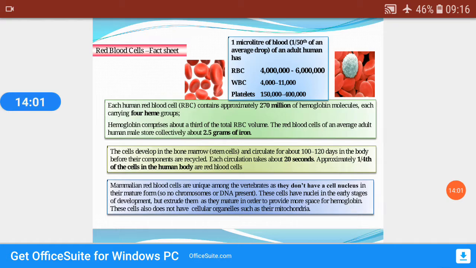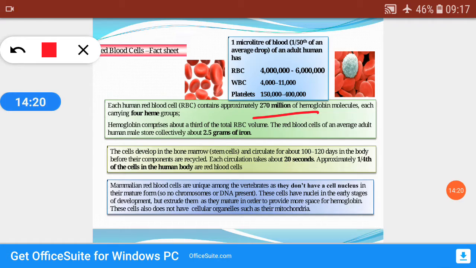And here is a very interesting fact about red blood cells and the amount of 1 microliter of blood that is containing different RBC, WBC and platelets and respective amounts also. And along with that, each RBC contains approximately 270 million hemoglobin molecules.